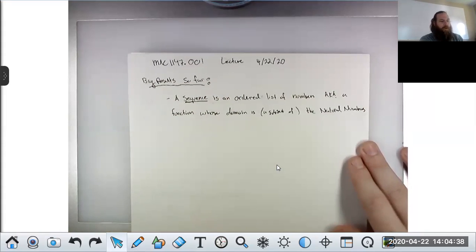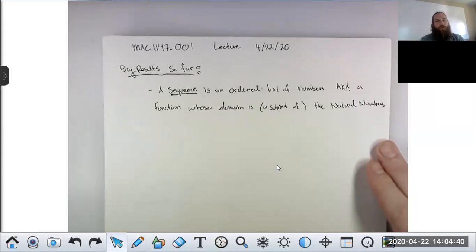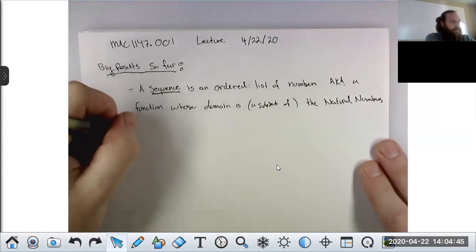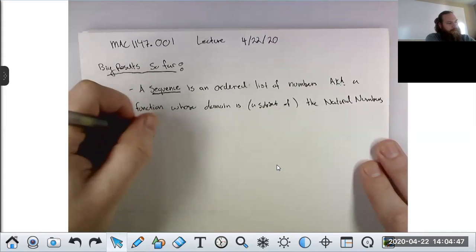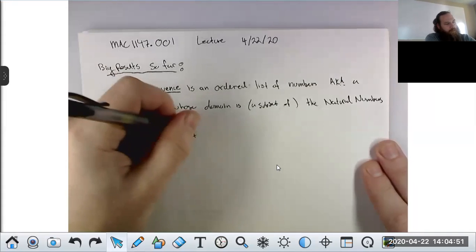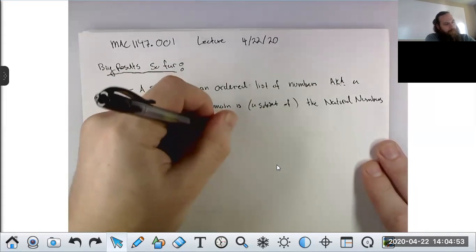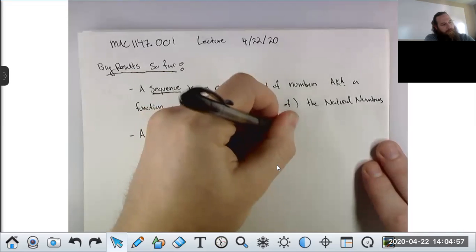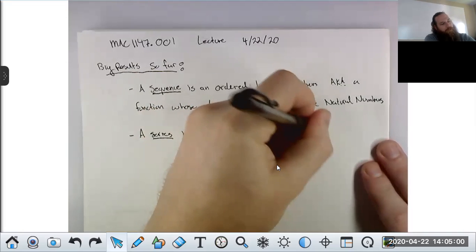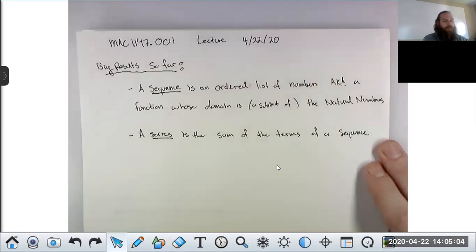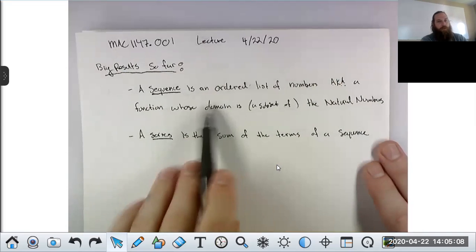Natural numbers, remember, are the counting numbers, 0, 1, 2, 3, 4, 5, 6, and so on. A series is the sum of the terms of a sequence. These are the two main definitions, and within sequences we talked about a bunch of different types.